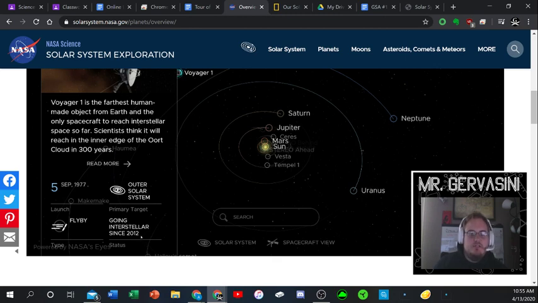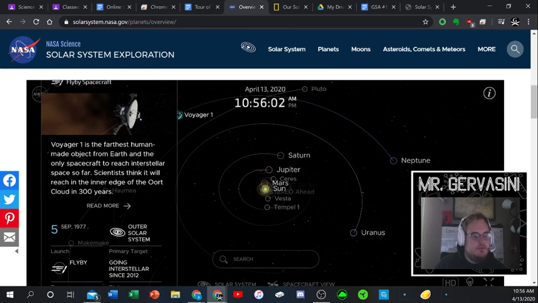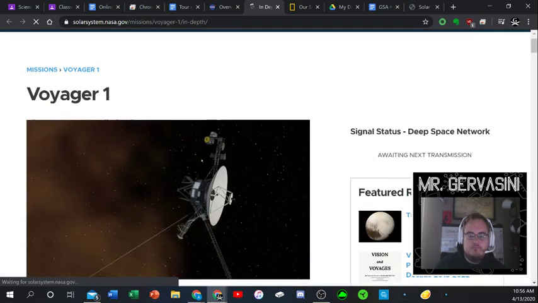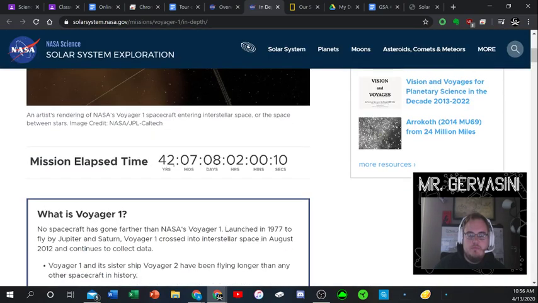Voyager 1 has been interstellar since 2012. Still makes contact with its radio dish. It's been on its mission for 42 years.